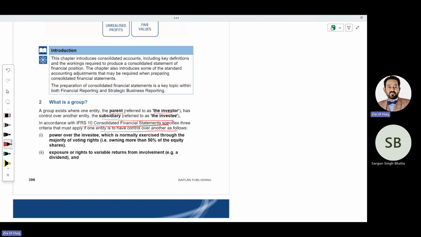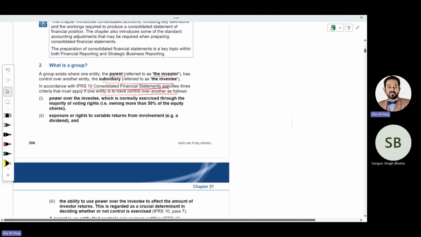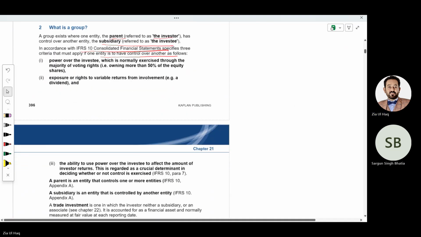For subsidiary, these three criteria should be fulfilled. Number one, power over the investee, which is normally exercised through the majority of voting rights, i.e. owning more than 50%. If it is 50 or less than 50, then there will be no majority. Your holding should be majority. Majority means more than 50% voting rights, more than 50% shareholding.